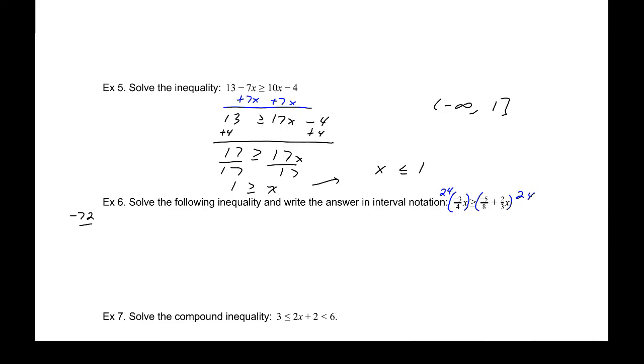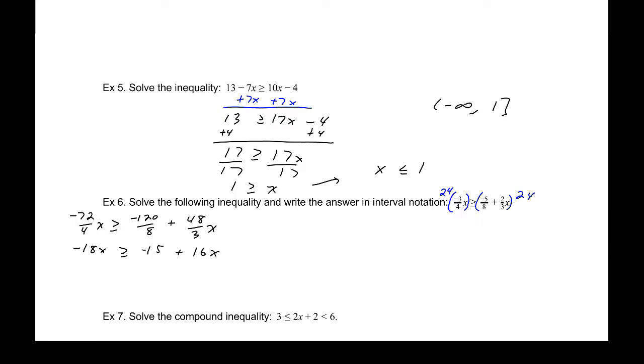Negative 72 over 4x is greater than or equal to negative 120 over 8, x, nope, no x there, plus 48 over 3x. Now the point here is that these all reduce, so this is negative 18x is greater than or equal to negative 15 plus 16x.